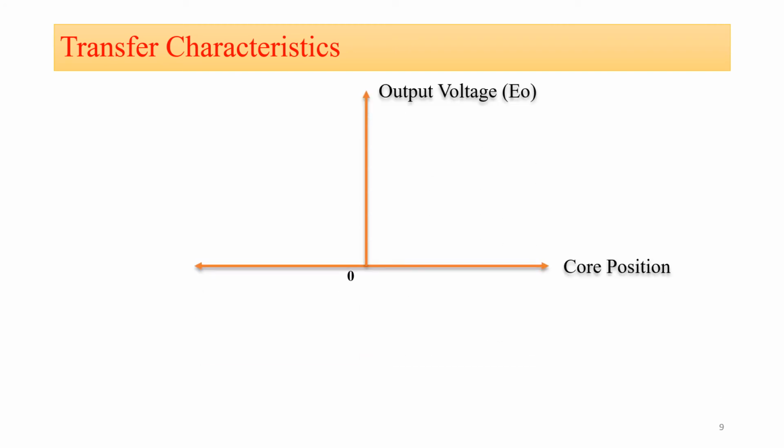Now let's see the transfer characteristics of the LVDT. The transfer characteristics of LVDT is the graph of core position versus the output voltage, that is EO. Now if the position of the core is at center, then the total EMF induced in secondary winding 1 equals the total EMF induced in secondary winding 2.